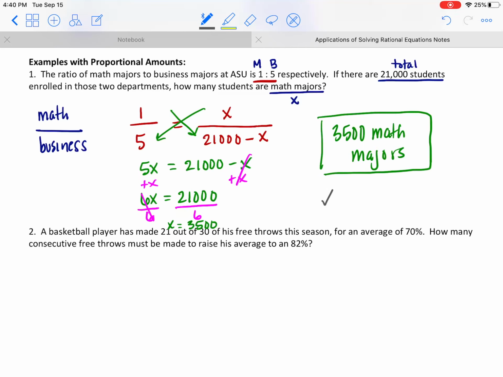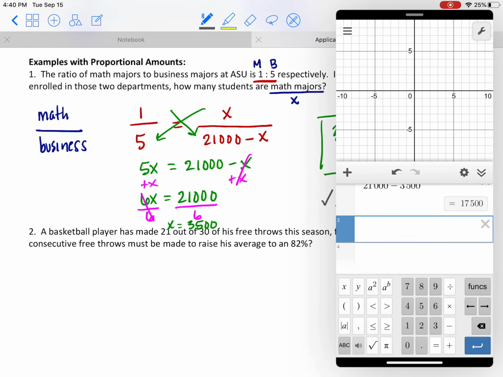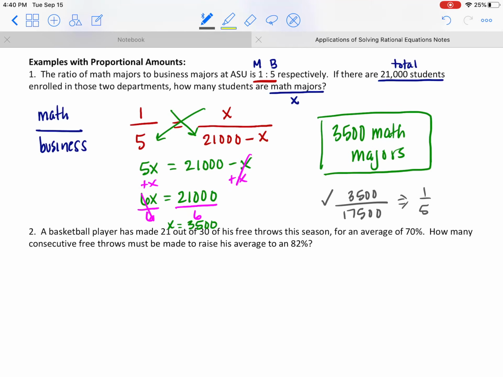If there were 3,500 math majors, 21,000 total students minus the 3,500 math majors would leave 17,500 business majors, and that fraction should reduce to 1 to 5 because there's a 1 to 5 ratio. So if I made 3,500 over 17,500, I do in fact get a ratio of 1 to 5. Okay, so it works, and we verified, so we got an answer that makes sense.